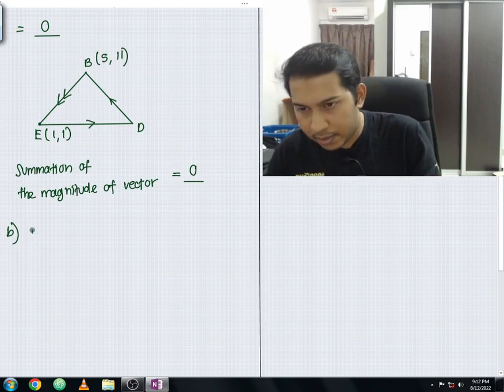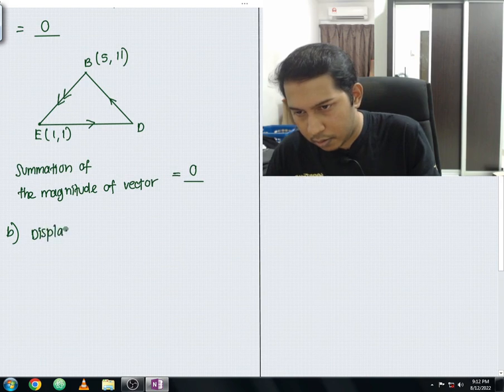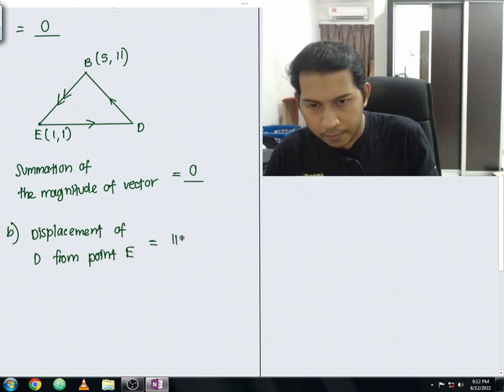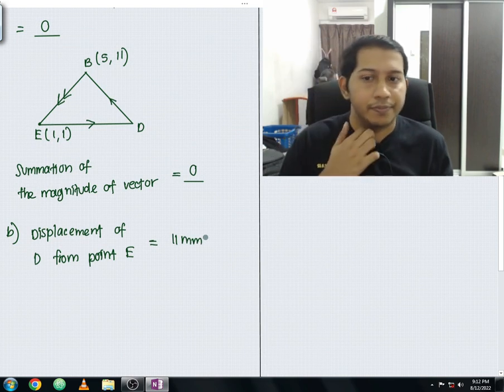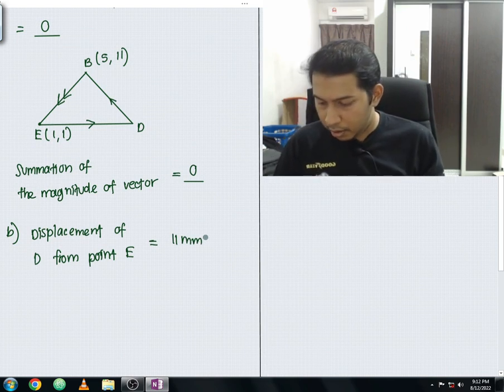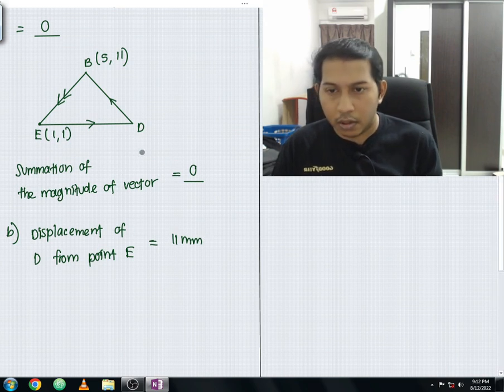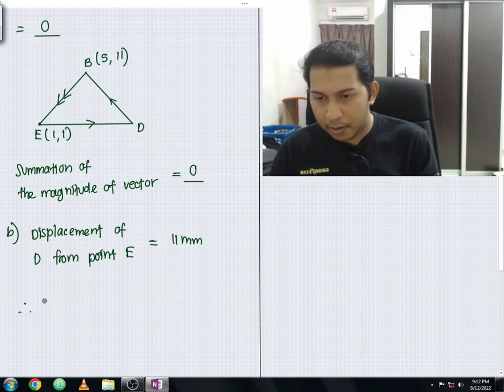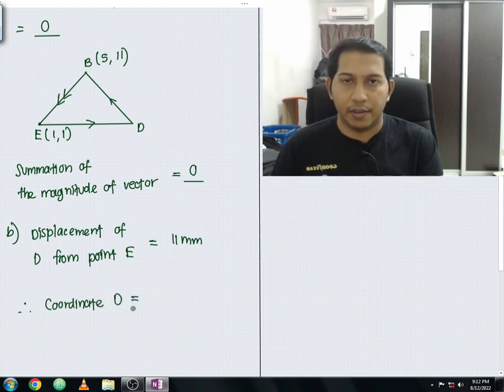So my advice to the students, whenever you get the information, quickly write it down in your working. So from here, displacement of D from point E technically is equal to 11 meter. And we know that the coordinate E is actually 1, 1. So technically your coordinate D is equal to, so how to get the coordinate D?